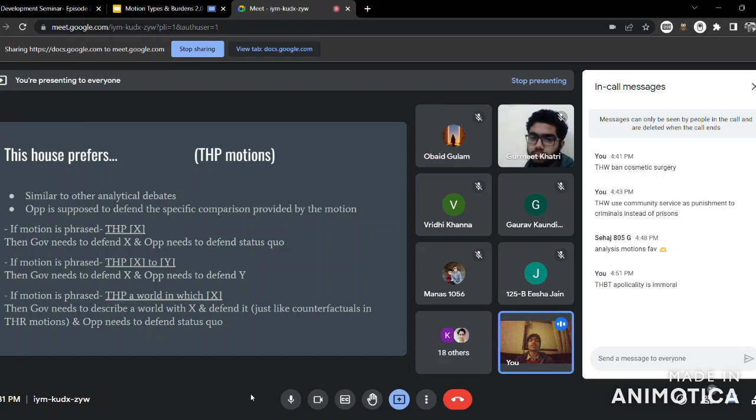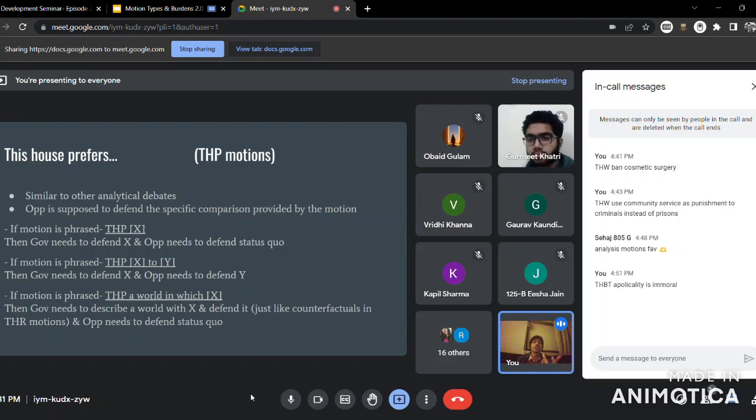So this can involve any two things and teams have to defend the particular things they're given to defend. They have to compare between those two and not necessarily the status quo. Now either of them can be the status quo. That's also likely. It's not that X and Y are both different from the status quo. It's possible that X is the status quo or Y is the status quo.